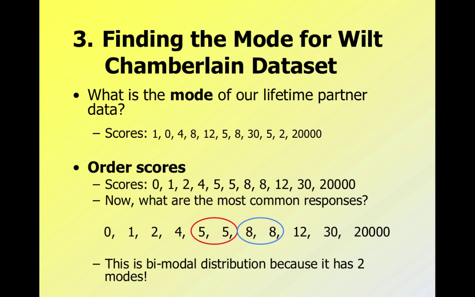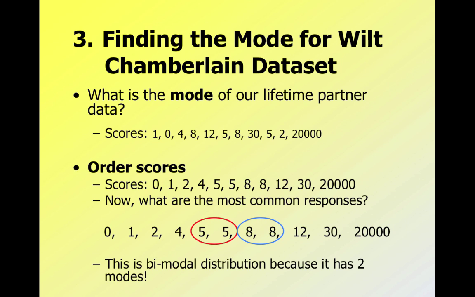So think about this now. Taking all 3 central tendency measures, we identified our mode to be 5 and 8. We identified our median to be 5. And we identified the mean to be 7.5 without Wilt, but really 1,825 with Wilt. And the mode and the median also had Wilt.